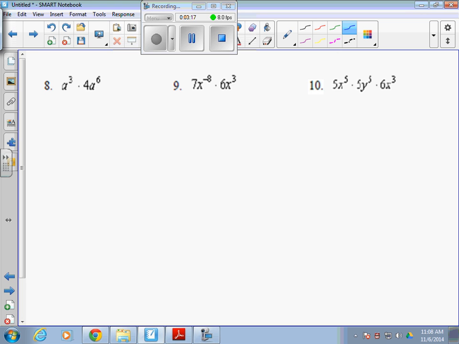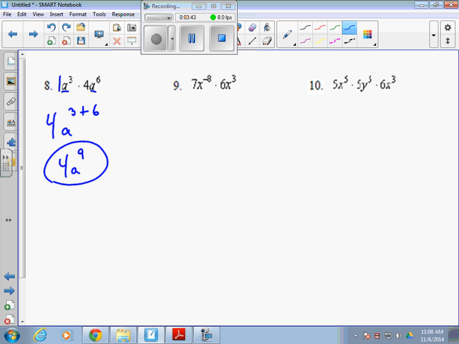Number 8 says a to the 3rd times 4a to the 6th. You're multiplying same bases, a and a. If you look at the coefficient that's not shown right there, you multiply 1 times 4 and you get 4. Multiplying the same bases, a and a, you get a to the 3 plus 6, which is going to be 4a to the 9th.